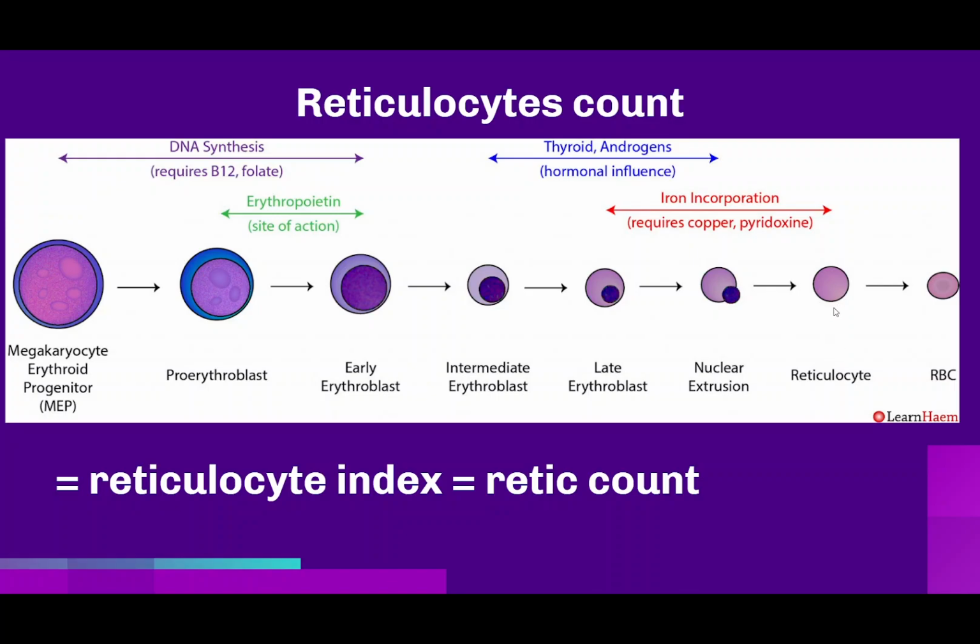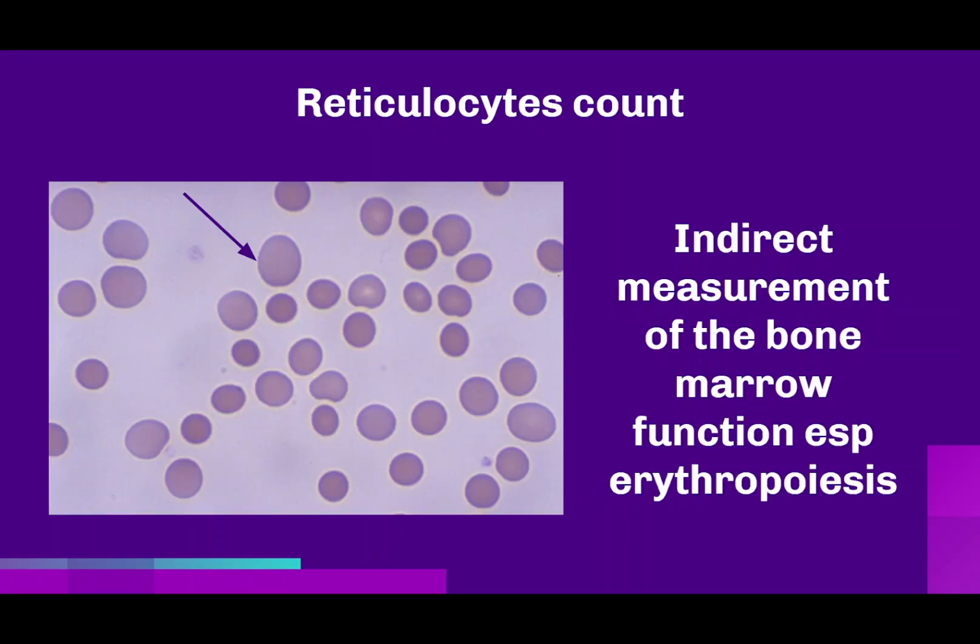They do not contain a nucleus, but they are a bit larger and the color is a bit purplish compared to the mature RBCs. Most of the time, the reticulocyte count is very low in the peripheral circulation in a normal situation, but in certain situations, the reticulocyte count will be high or very low. So it is an indirect measurement of the bone marrow, especially erythropoiesis.